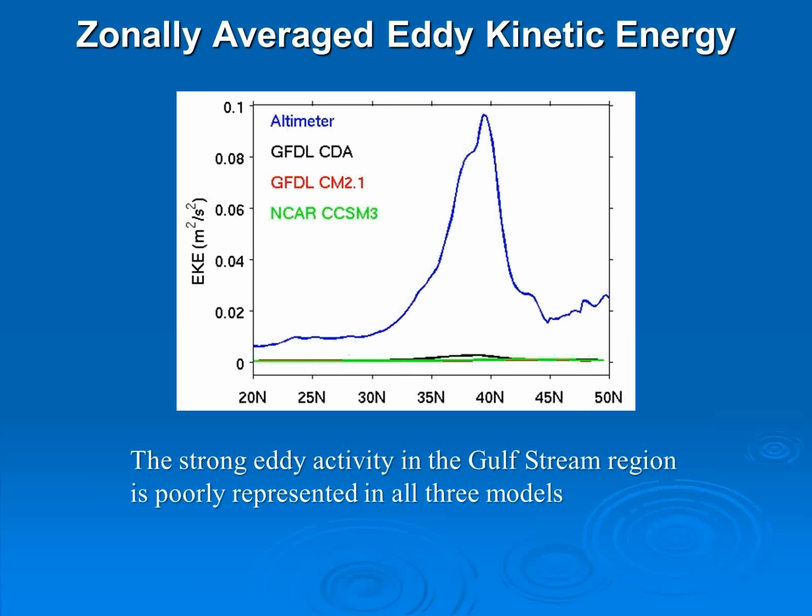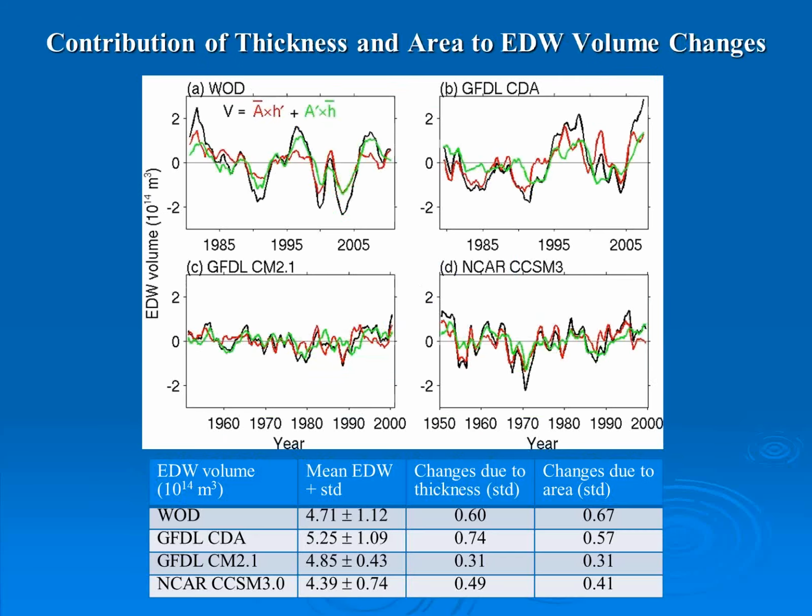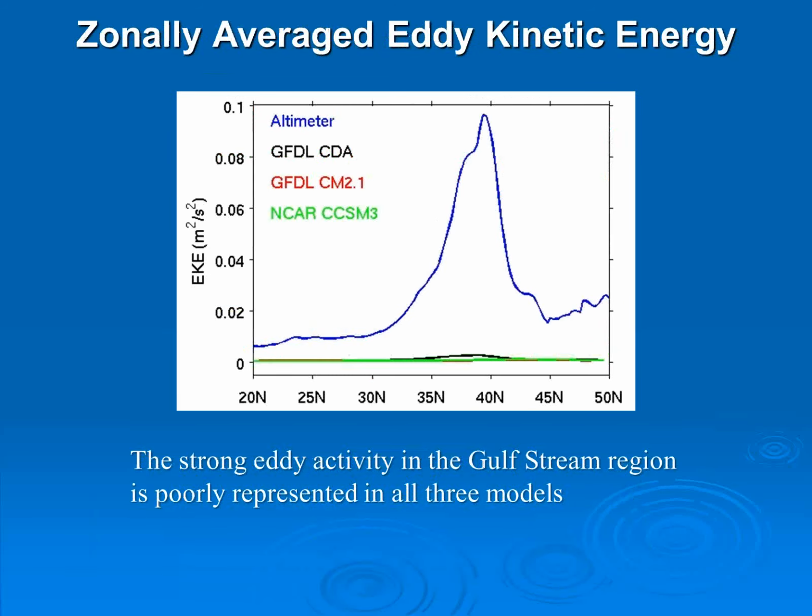So this indicates that mixing process is not really simulated in the model. So as I showed before, even though the data simulation model does not capture the eddy kinetic energy, it does show this strong EDW volume variability. This may be simply due to the data simulation process tracking the temperature.